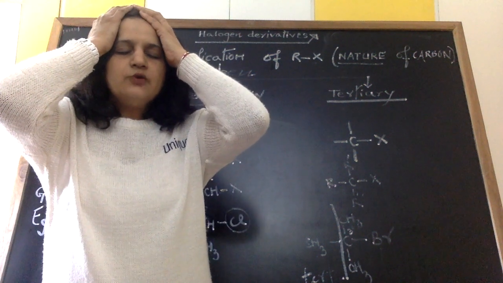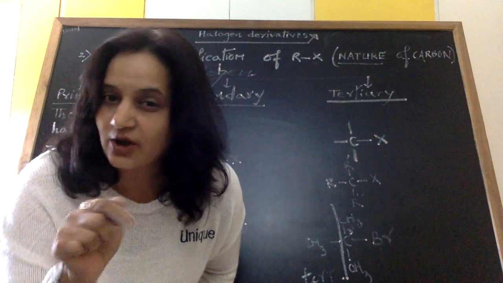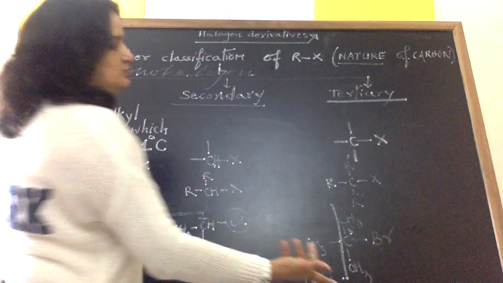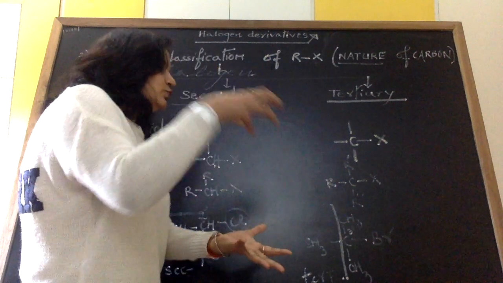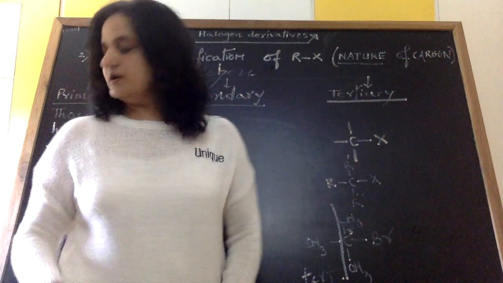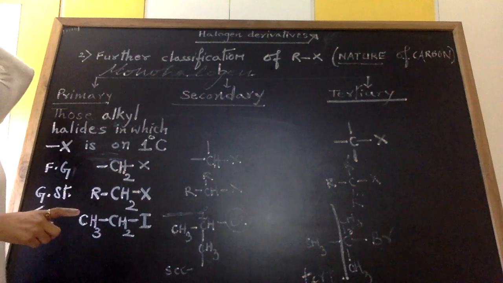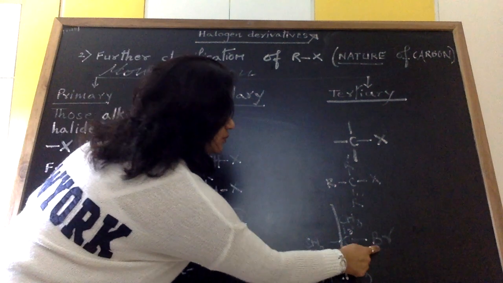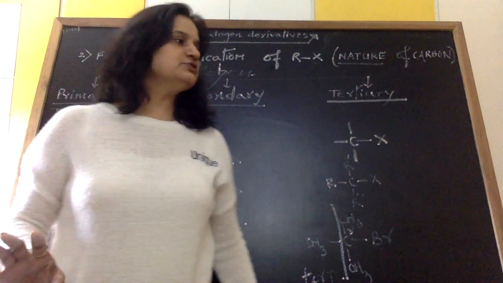In IUPAC system, alkyl halides are called haloalkanes, so halo comes first. So my answer is 2-bromo-2-methylpropane. So the IUPAC name is 2-bromo-2-methylpropane. I hope this is clear to you.